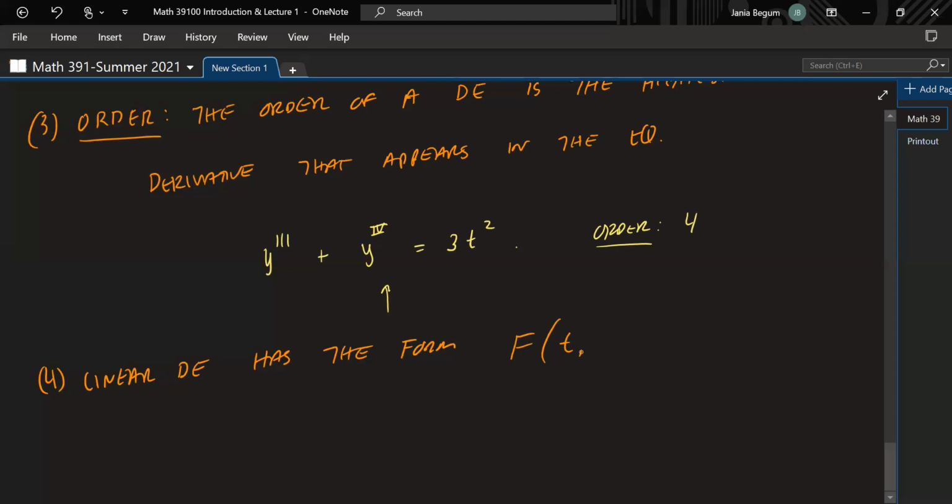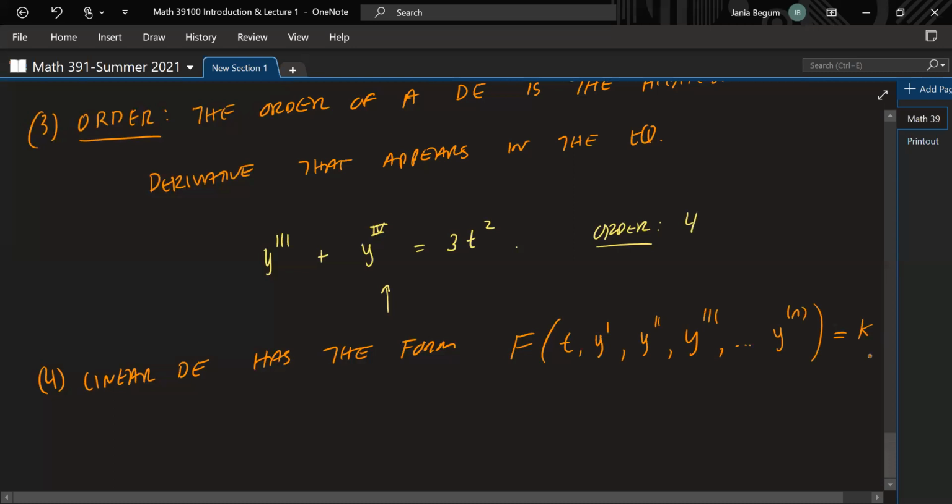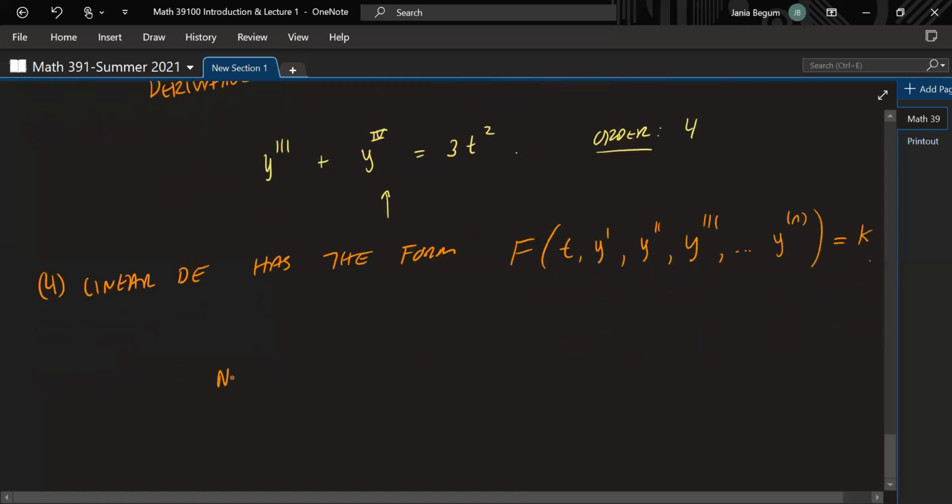So in this case, t is the independent variable, and then you have terms involving y prime, y double prime, y third derivative, all the way up to the nth derivative, equal to some constant k. If the equation happens to be in this form, then that differential equation is linear. So what is it when it's not linear? Well, it's going to be of the form of any combination of these, okay?